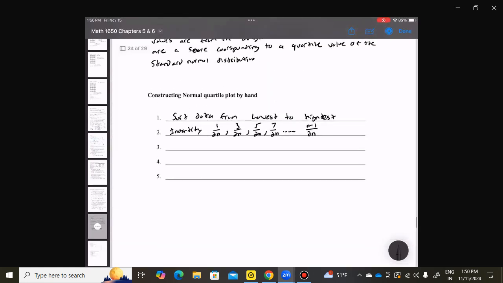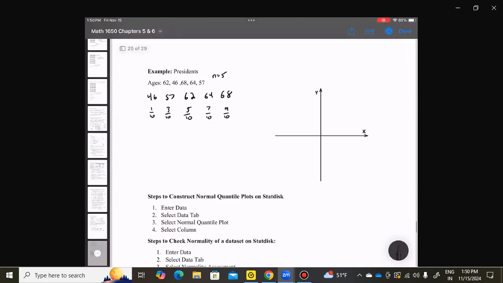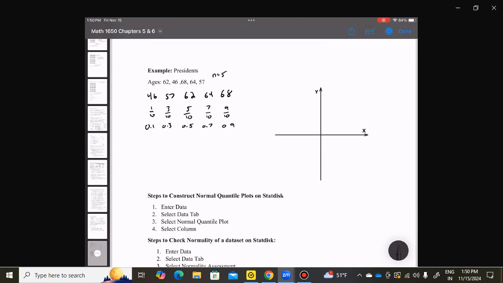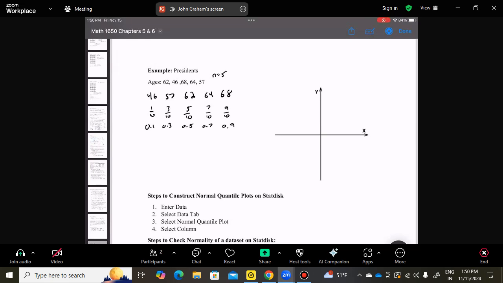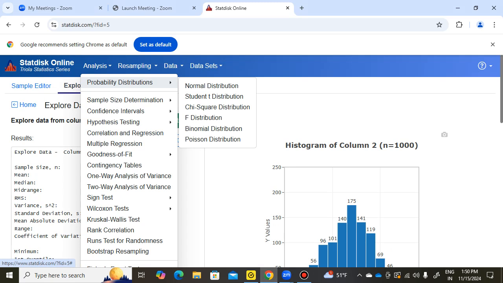Okay. Then we're going to find the z-score for each percent in step 2. Each of these has a decimal value: 0.1, 0.3, 0.5, 0.7, 0.9. So we're going to put those into StatDisk, into our normal distribution.